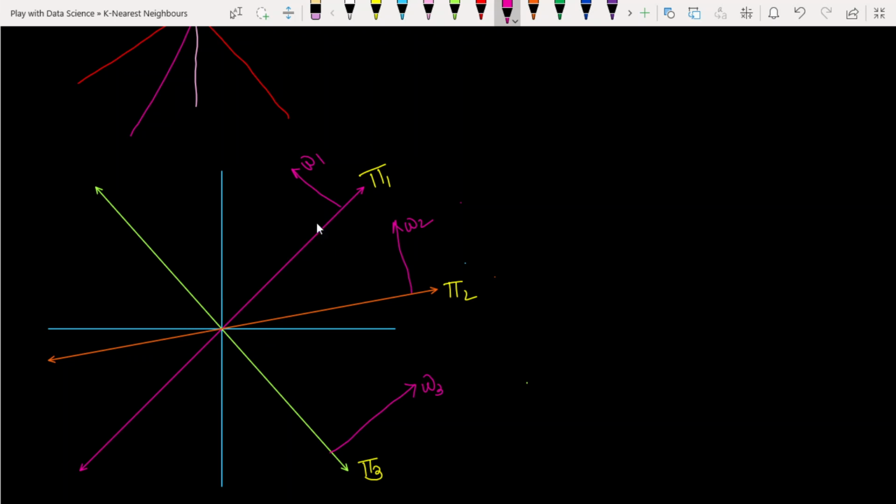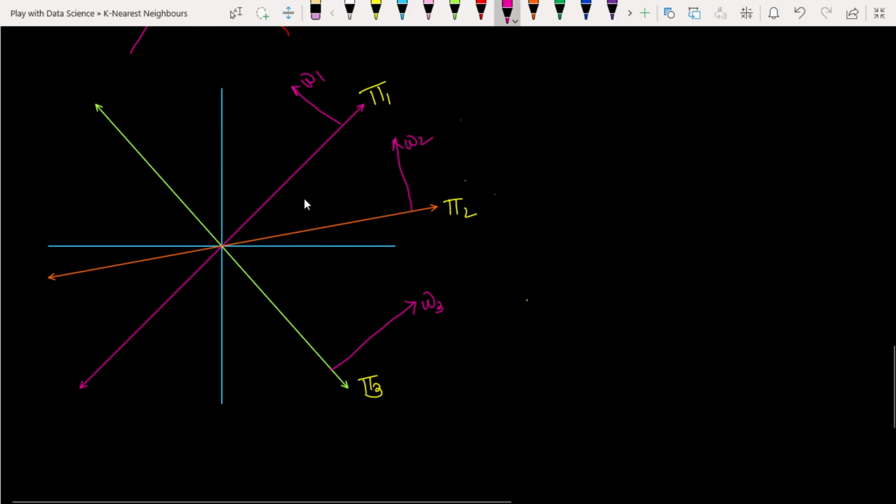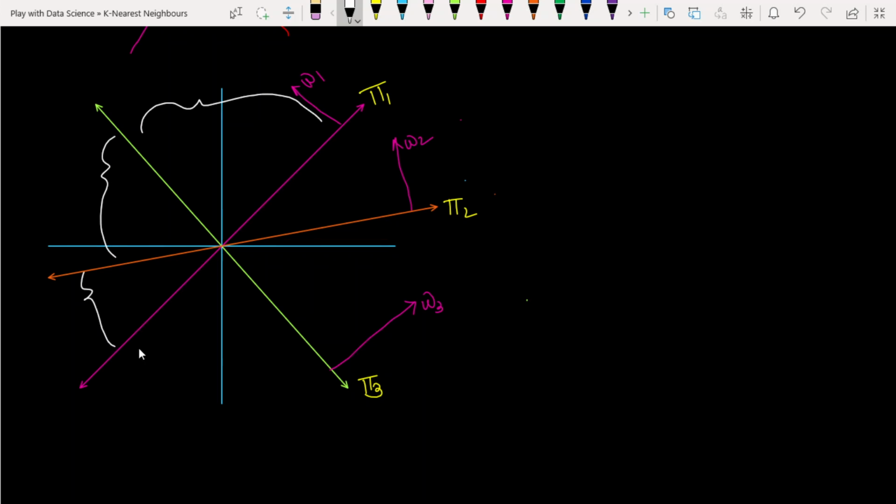We have just divided our whole space into six slices. Now suppose this is one slice, this is another slice, this is another one, and this will be another.